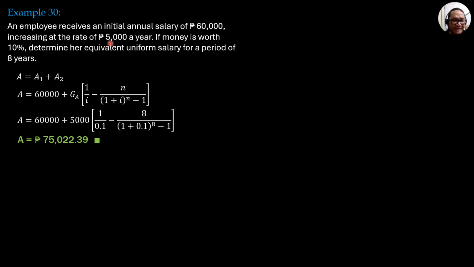Then this annual salary with the increase will be projected to the present by dividing by 1 plus i to the n, in general, where n is the position of that annual salary.